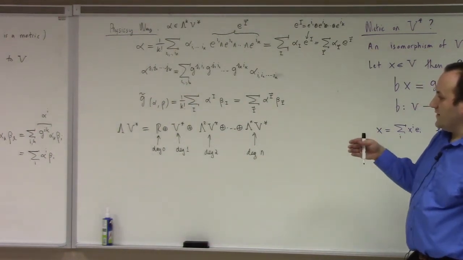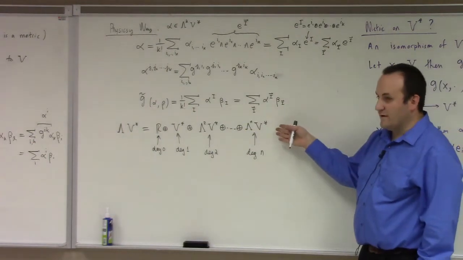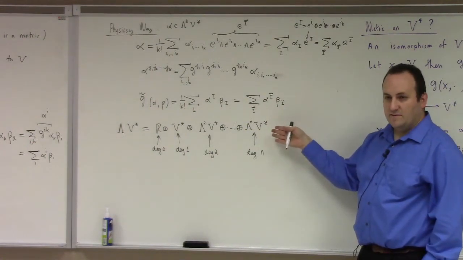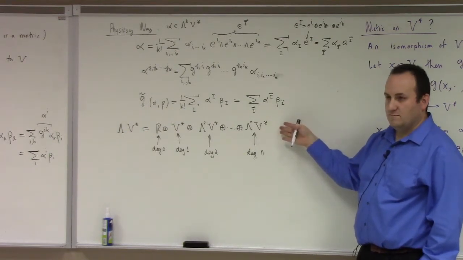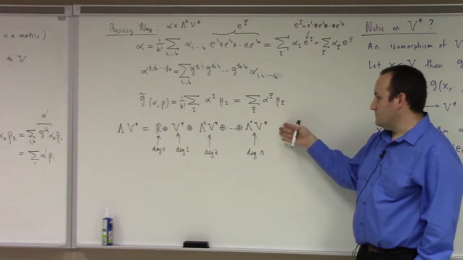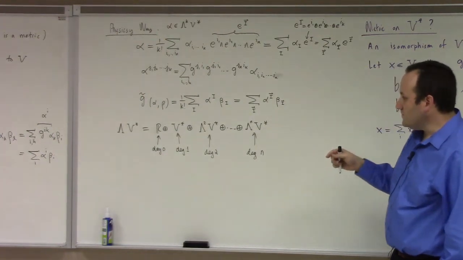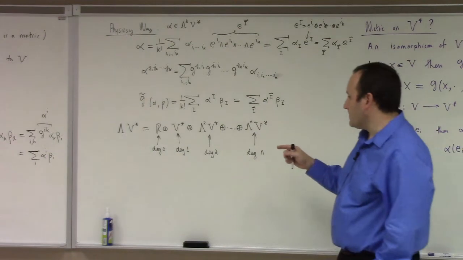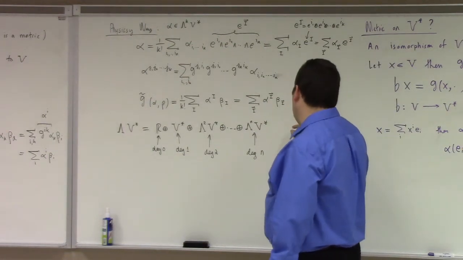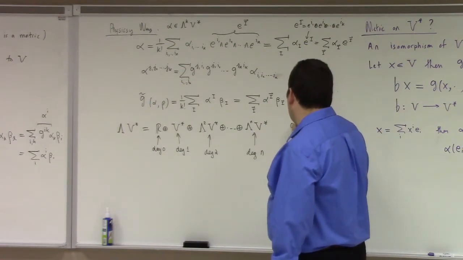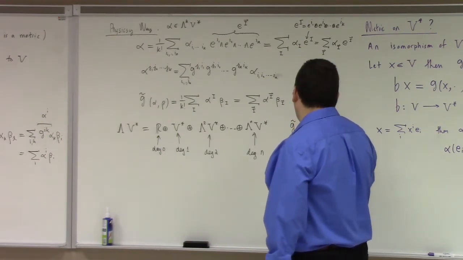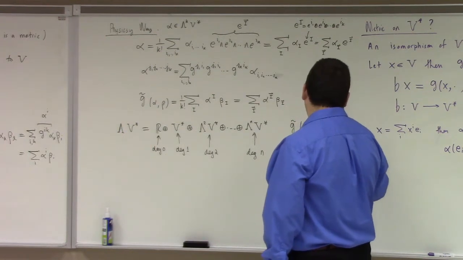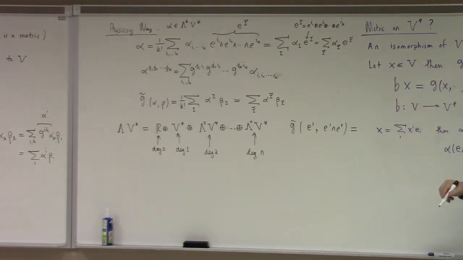This thing I'm describing to you right now is actually why the exterior algebra is a graded algebra, right? There's some kind of natural bijection between the algebra and, in this case, the numbers 0 through n. Okay, so how would you define, if you want to extend this metric, suppose you had E1, comma, E1 wedge E2, what would you say the metric on that would be if we're trying to extend G tilde to the whole exterior algebra?